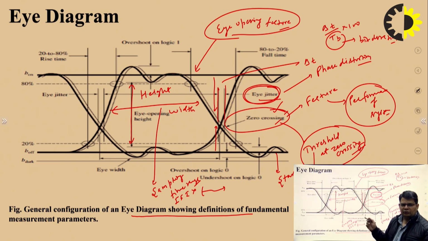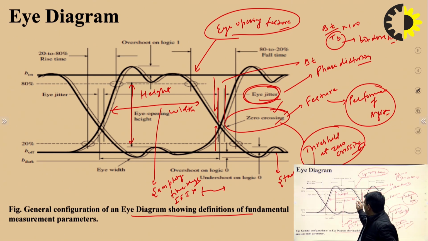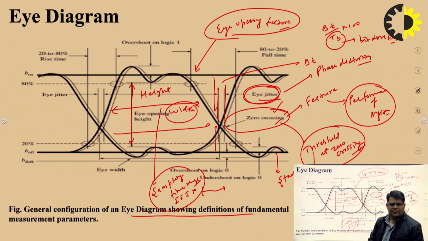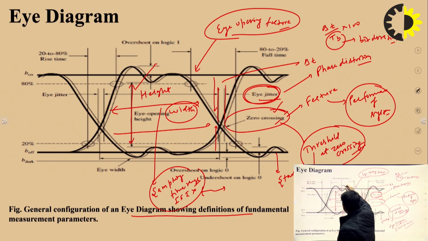That can also be used for the performance analysis of the wired communication system. The importance of width is the range over which the signal can be sampled without ISI. But in this entire range, what is the best sampling time? The best sampling time is when the height is maximum. So height tells us about the best time to sample.